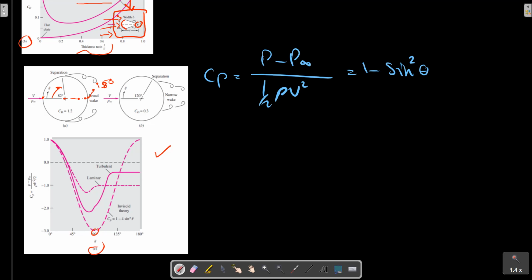Laminar flow is very vulnerable to the adverse gradient on the rear of the cylinder, and separation occurs at about theta equals 82 degrees, which certainly could not have been predicted from an inviscid theory. The broad wake and very low pressure in the separated laminar region cause the large drag coefficient.